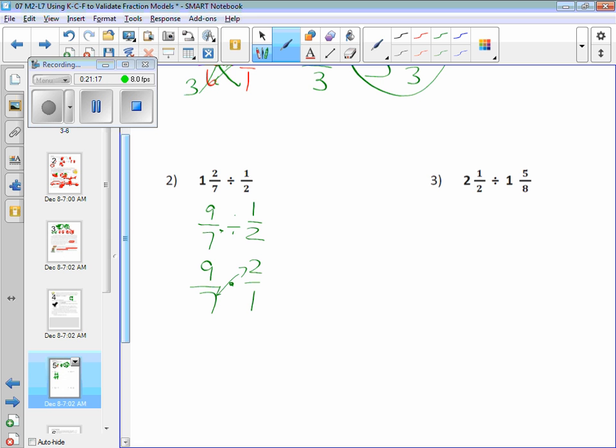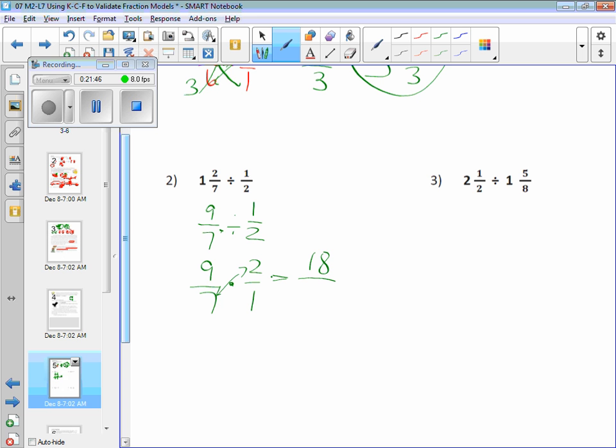All right, 7 and 2. Is there a number other than 2 and 7 and 1 that will go into it? Yes or no? Leave those alone. What about 9 and 1? No. So we can't cross reduce anymore. 9 times 2. Say it. 7 times 1.